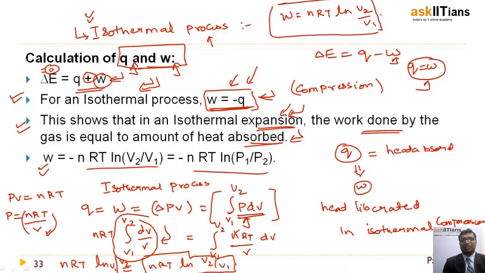And if it is V2 by V1, you can express in pressures also. It will be reversed, it will be ln P1 by P2. So the work done in isothermal expansion will be nRT ln V2 by V1, and if it is compression taking place, then you will get minus nRT ln V2 by V1.